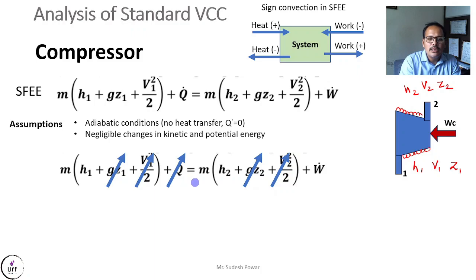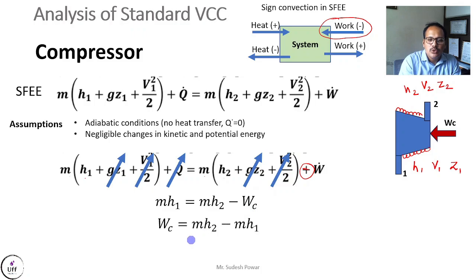Ultimately the following terms remain: m into h1 on the left hand side, and m into h2 on the right hand side. Here it is written plus, but in the case of the compressor we are giving work to the system, and work provided to the system is considered negative, so here it should be negative. So we get m into h1 on the left hand side and m into h2 minus Wc on the right hand side, where Wc is the work provided to the compressor.